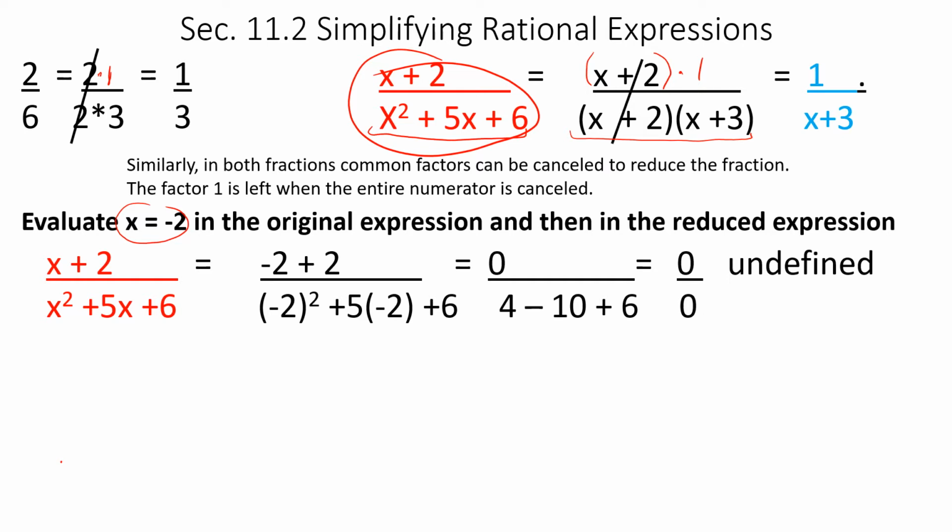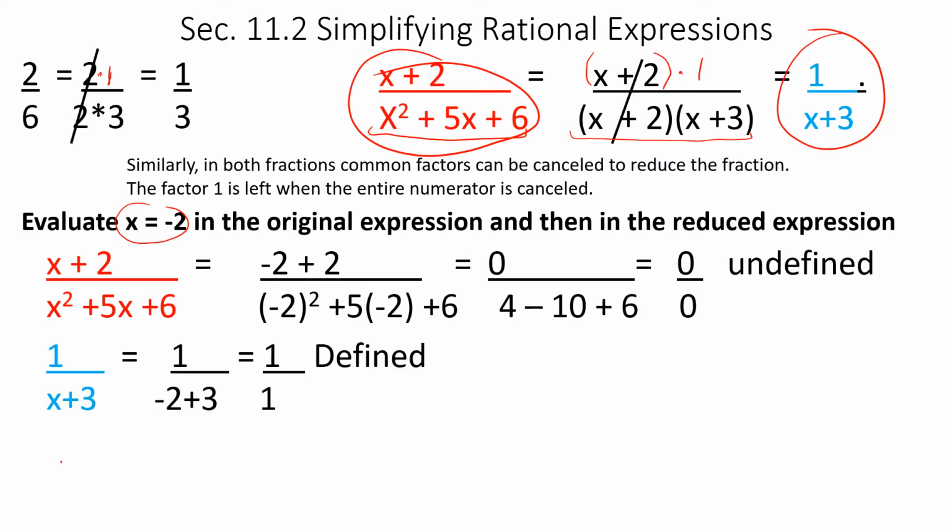Now let's take our reduced one in blue and let's plug in -2. And when we simplified it, we ended up getting 1 equals 1. Well, if these two are said to be equal, right? They're supposed to be equal values.